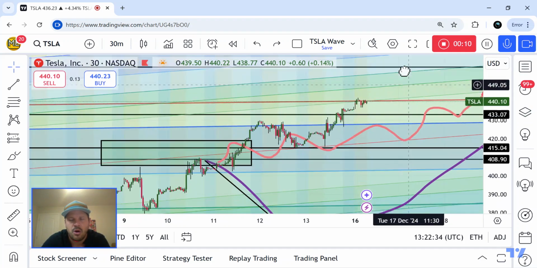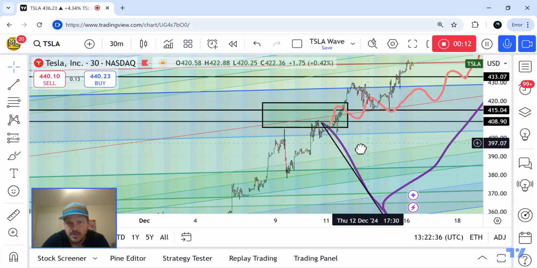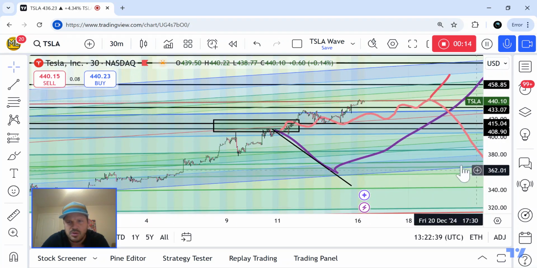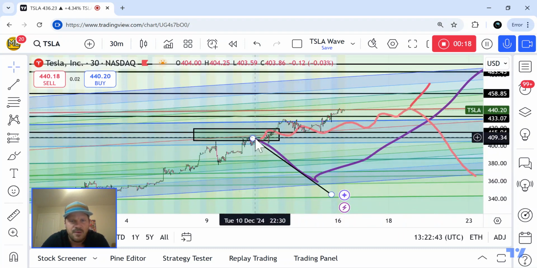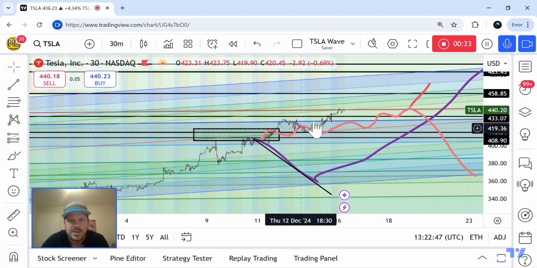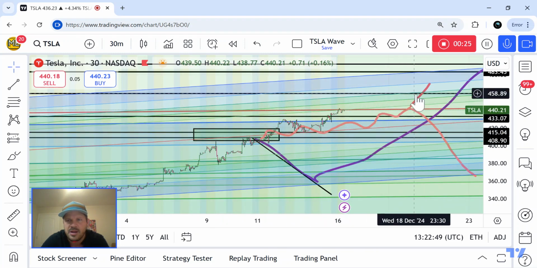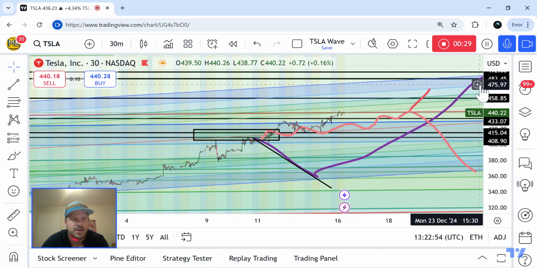Based on what we called earlier, I made two hypothetical theses: if at 409 we didn't make a hard correction, we would be teetering up all the way through here and possibly to the 458 to the 483 marker.